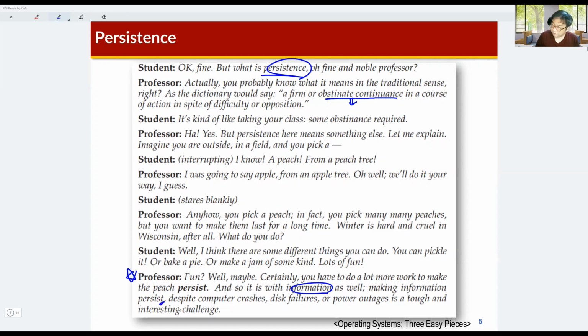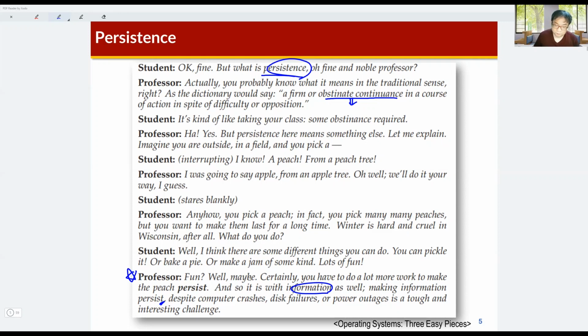That means that even though the computer is powered off, or the computer crashes, or some failures happen in the computer system, the data is still stored or can be recovered.